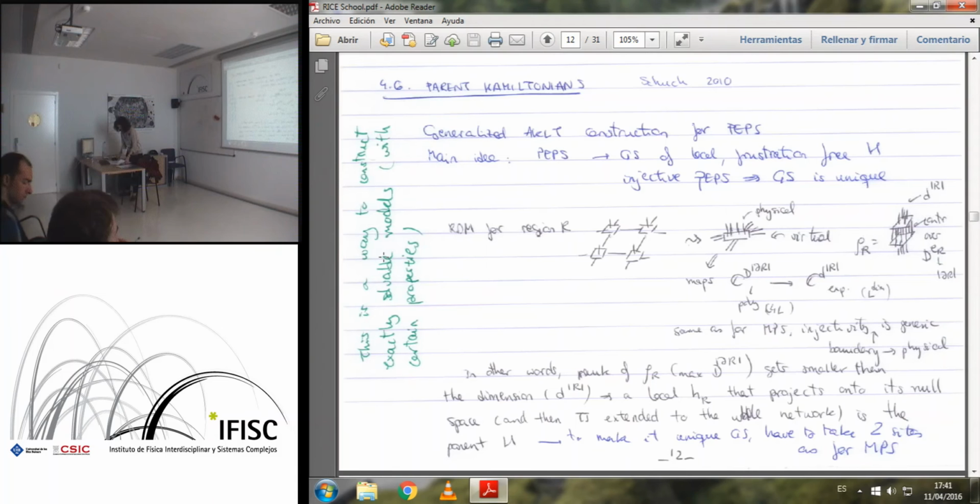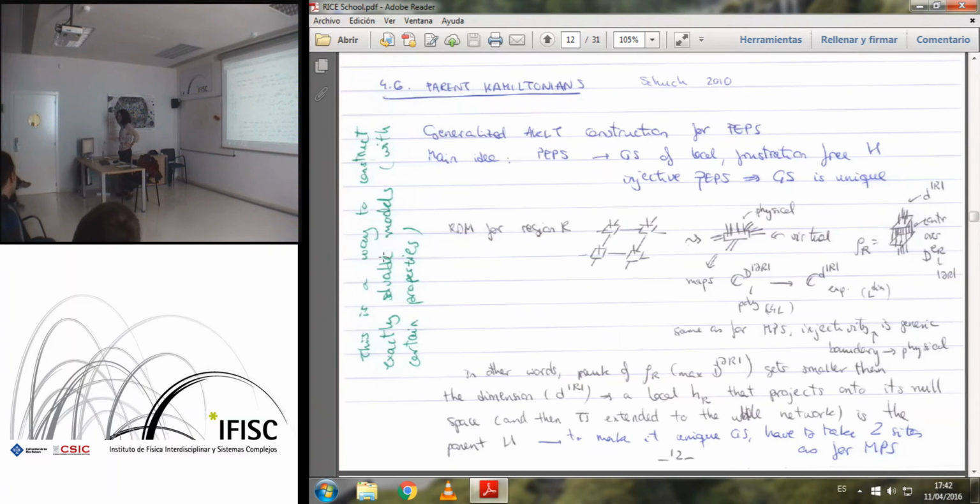For example, the excited states of these parent Hamiltonians, can you say something about this from the ground state? Can you evaluate properties of the excited states? Okay. There is something you can say in many cases.